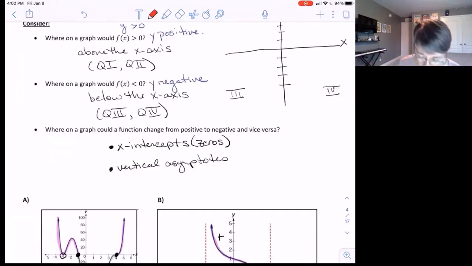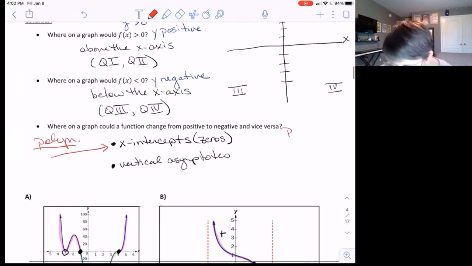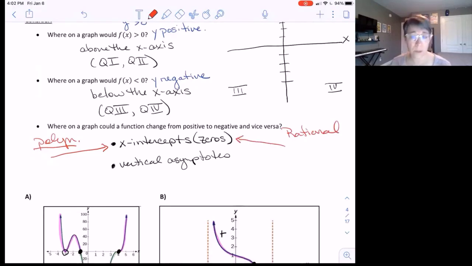So just to recap, if we're dealing with a polynomial, we're only going to look at x-intercepts. That's the only place where it can change signs. If we're looking at a rational function, it could be an x-intercept, and remember, that's where the top of our fraction is equal to 0.